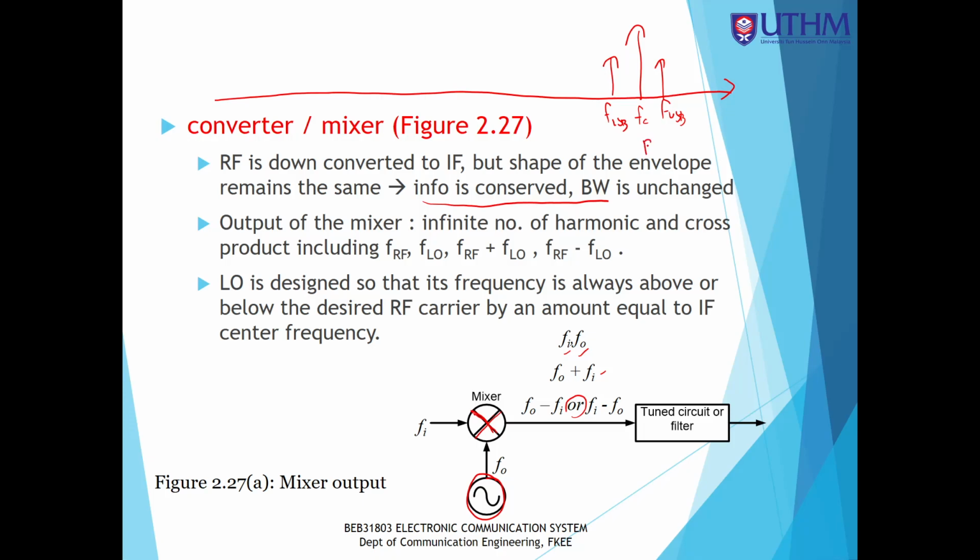This is the RF from the RF section, and then it goes through the mixer converter section. The mixer converter section will down convert the frequency into IF frequencies. So every RF component will be translated into a lower frequency.